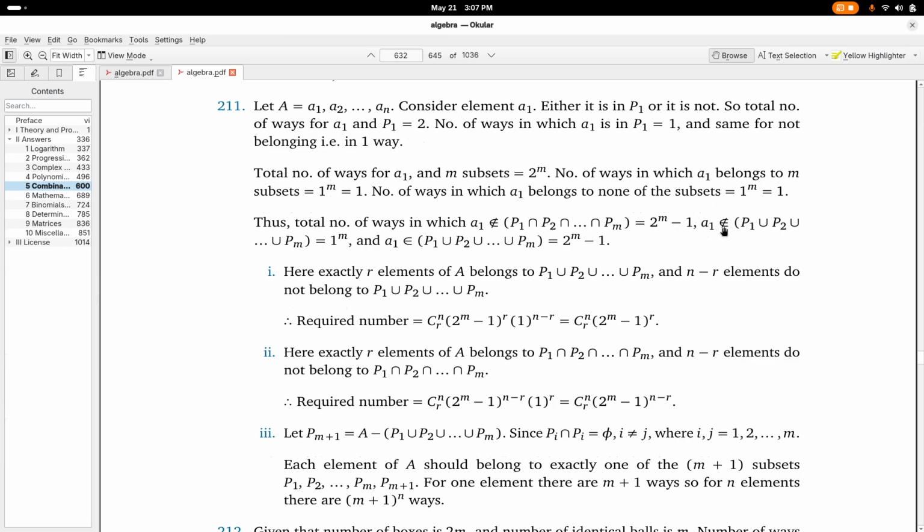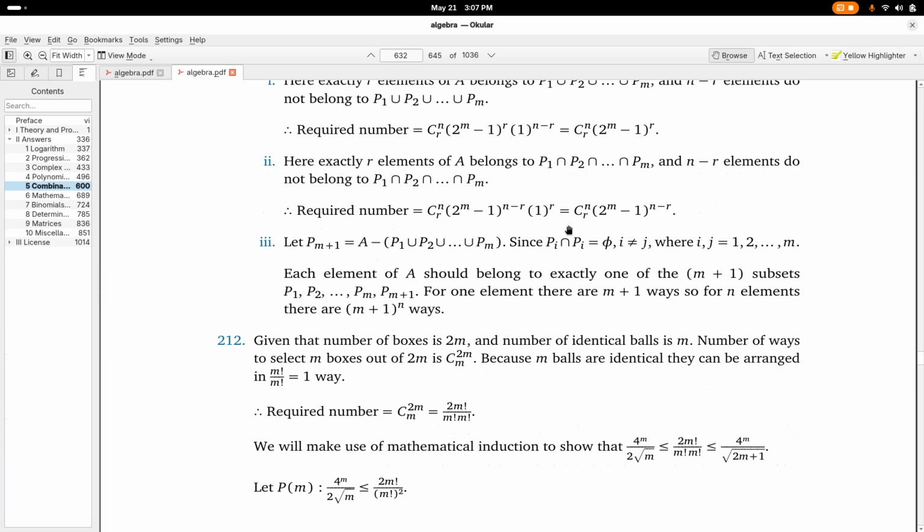Similarly, a1 being not an element of P1 union P2 union through Pm is 1 to the power m, that is this case: the number of ways in which a1 belongs to none of the subsets. And a1 being an element of the union is 2 to the power m minus 1.